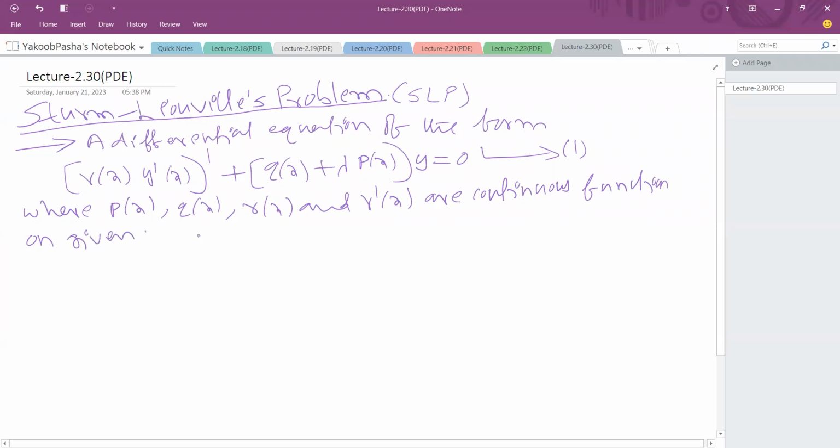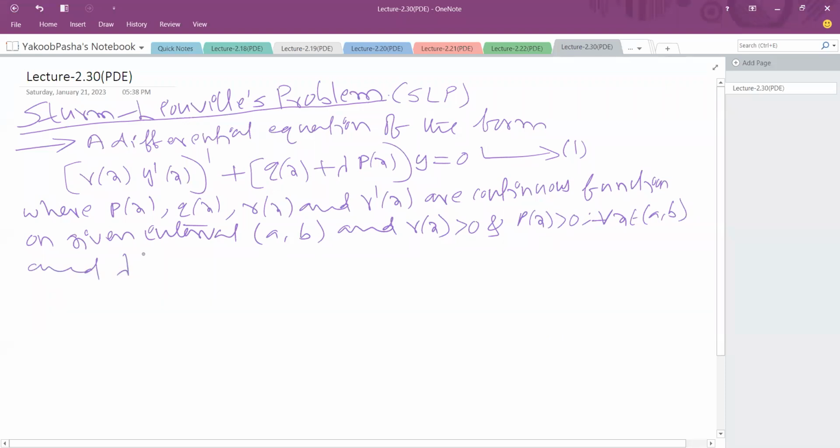We are taking the open interval (a, b). Sometimes we can take the given interval I. And r(x) is positive and also p(x) is positive for every value of x in the open interval (a, b), and lambda is a parameter.